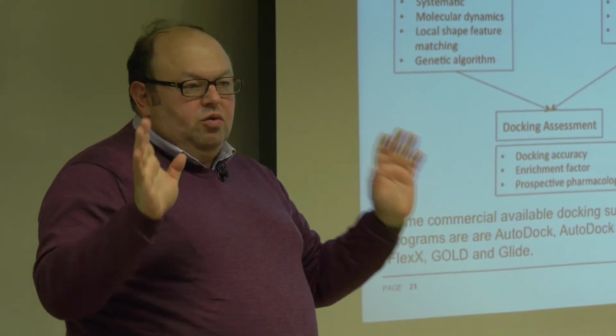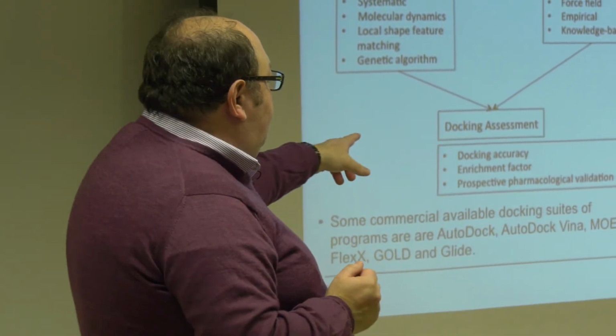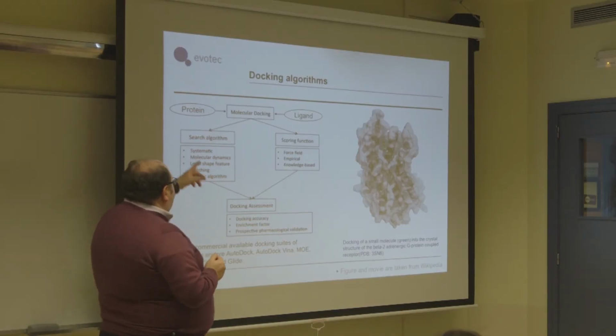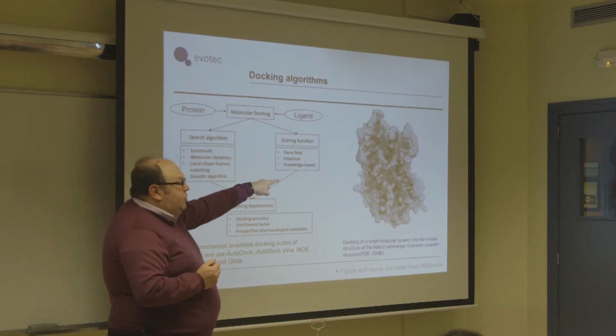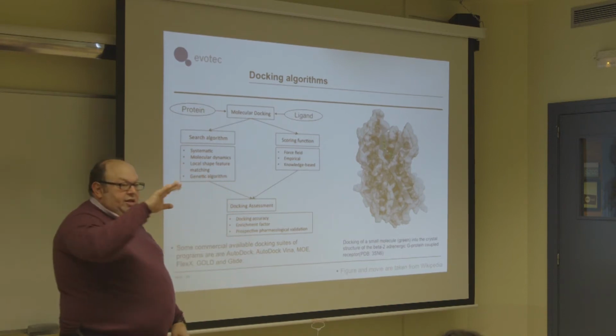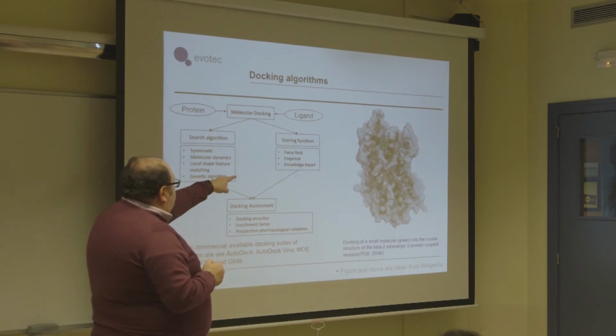But it's all coded. You have software today. There are many software packages that do this job for you. Again, it's usually built in two stages: protein, molecule, docking. First, you have a search algorithm. That's what you saw in the movie. The molecule is moved, translated and rotated inside, and scored.